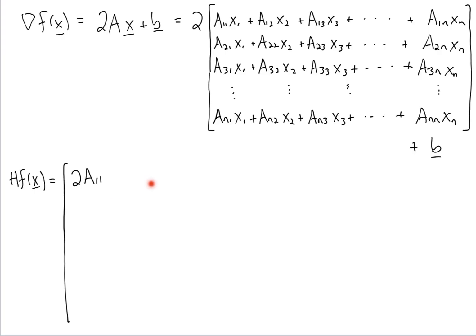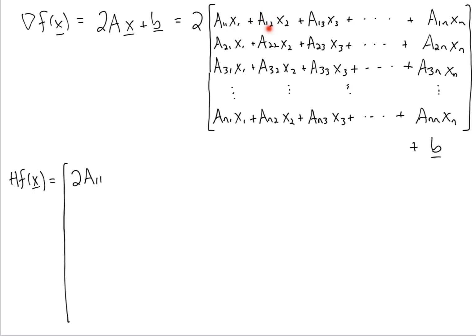The 1,2 entry of the Hessian would be the partial derivative with respect to x1, and then we have to take the partial derivative of that with respect to x2. The only term that contributes to that would be this term here.